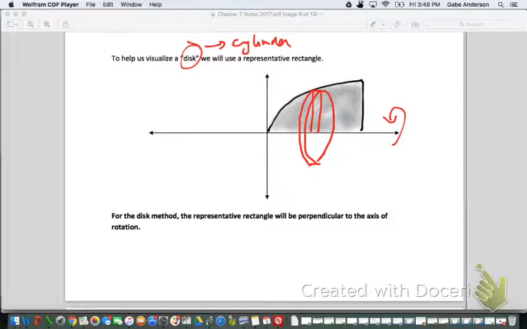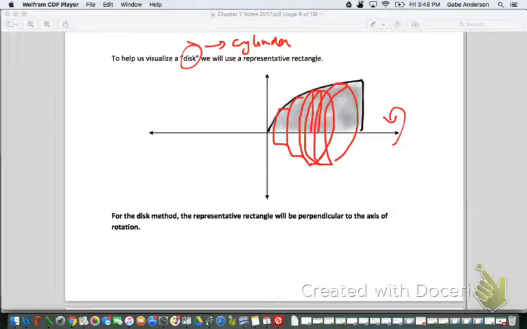And of course what I would be doing is lots of these little disks in order to create this whole shape. So I'd have bigger ones out here at the end, and it would just create this larger and larger three-dimensional solid shape we could find the volume of.